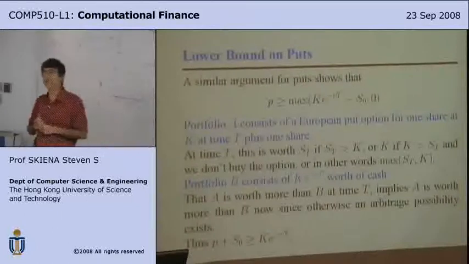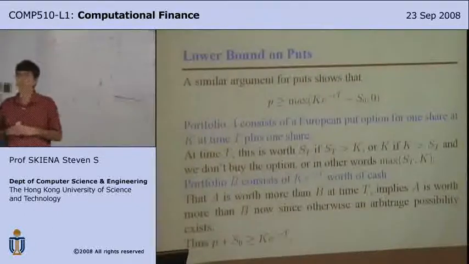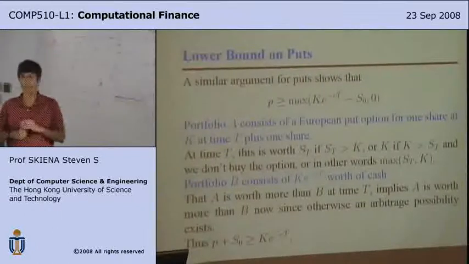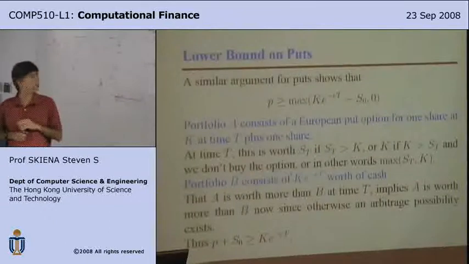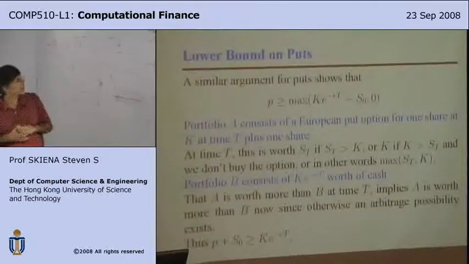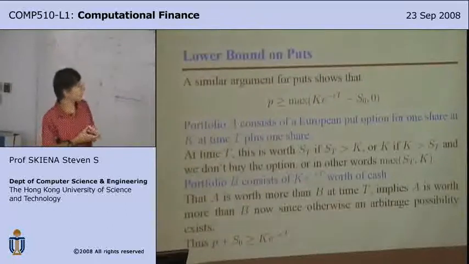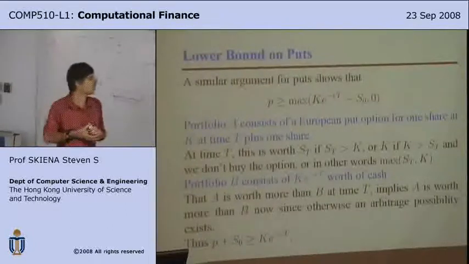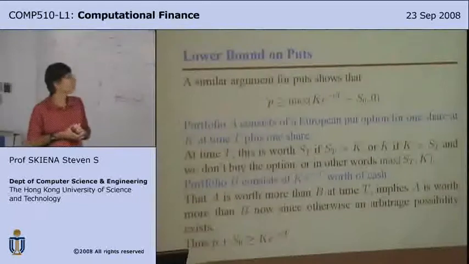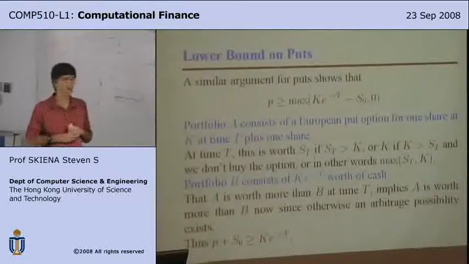We can do a similar thing to get a price on a put option. What is the portfolio here? Portfolio A consists of a European put option to sell a share at K plus one share of stock.